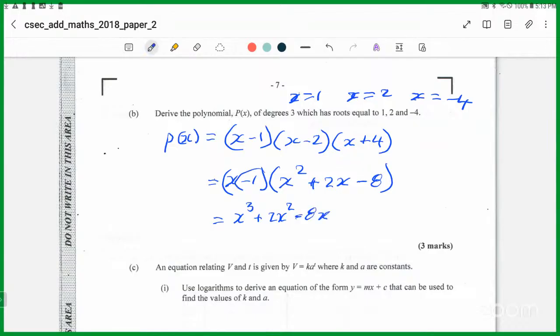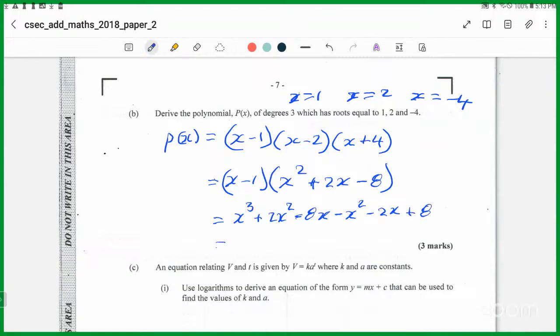Then I need to use negative 1 now. Negative 1 times x squared is negative x squared. Negative 1 times 2x is negative 2x. And negative 1 times negative 8 is positive 8.